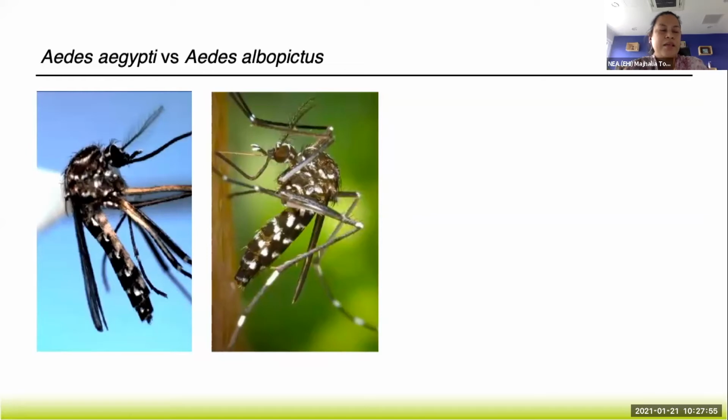Why do you say this is Aedes aegypti? What do you see? Any characteristic you can mention that makes this Aedes aegypti? Okay, possible. Yes, the mesepimeral white scales are separate.